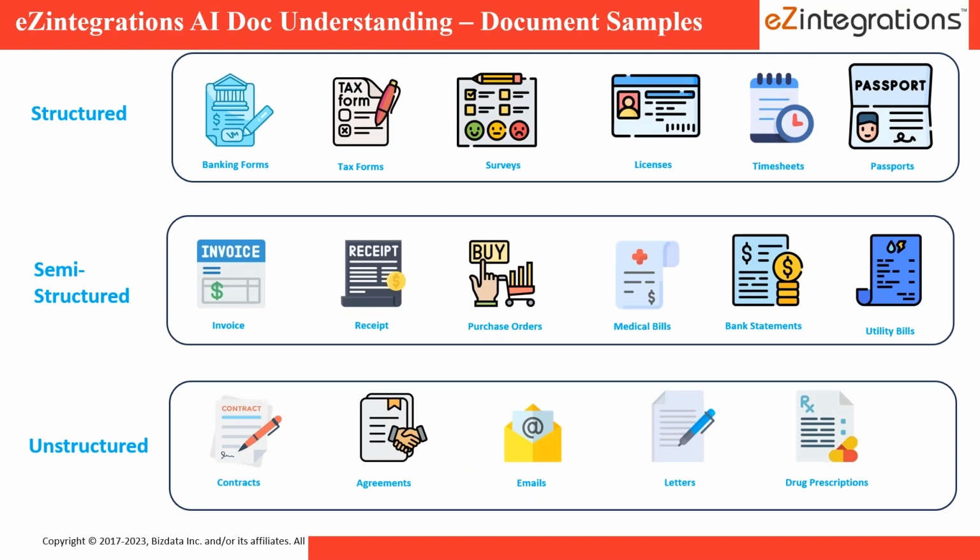These documents can be of various formats: structured, semi-structured, and unstructured. For structured documents, you typically see bank forms when we want to open an account. We give first name, last name, some kind of SSN number.